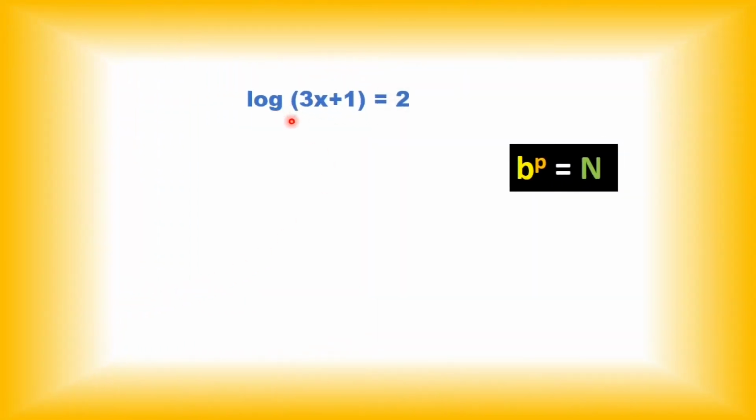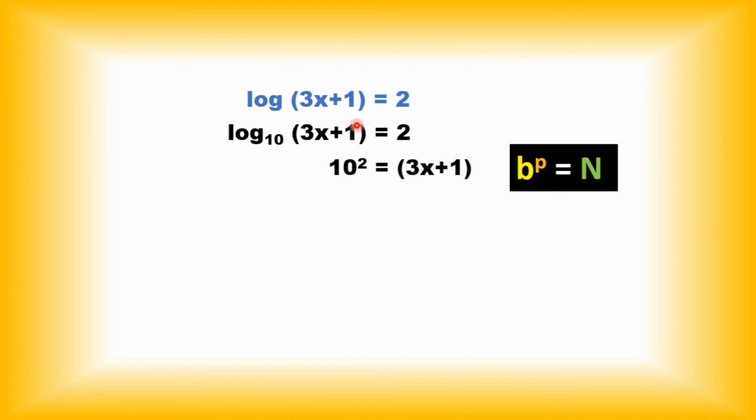Log with no base means it is in base 10. So log base 10 of the quantity 3x plus 1 is equal to 2. Change it to exponential form. 10 raised to the power of 2 is equal to the quantity 3x plus 1. So we have here the equation.